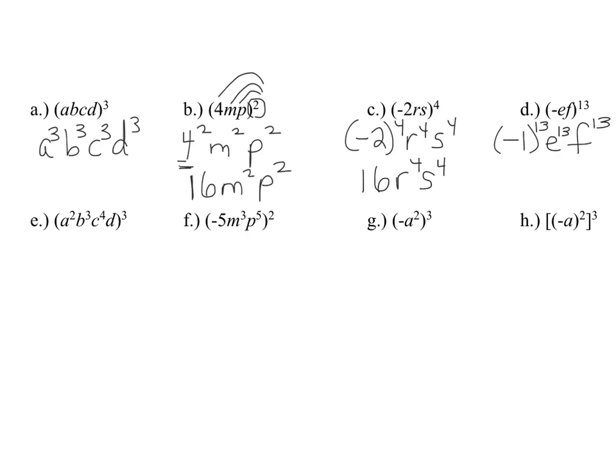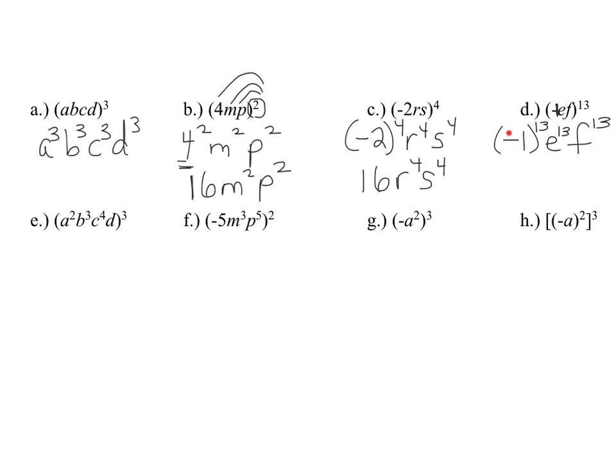Okay? In letter D, a reminder that negative sign, we have to treat it like there's a negative 1 there. So when I rewrote the problem, I did negative 1 to the 13th, e to the 13th, f to the 13th. Now, when you take negative 1 to the 13th power, just think about it. When you have 13 negative 1s, they're all going to pair up except for the last one.